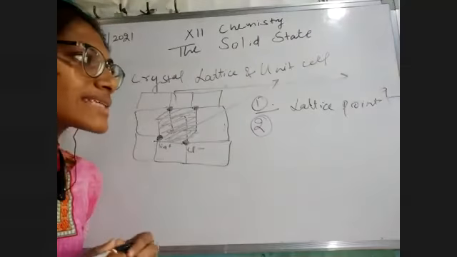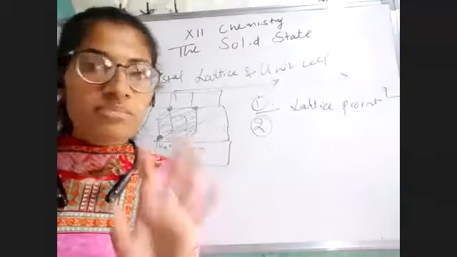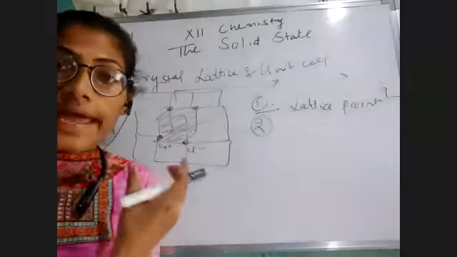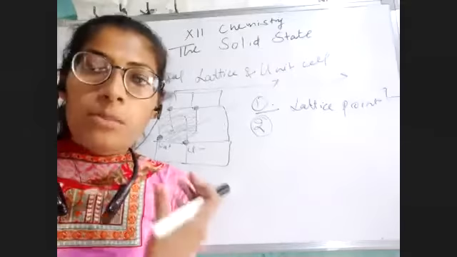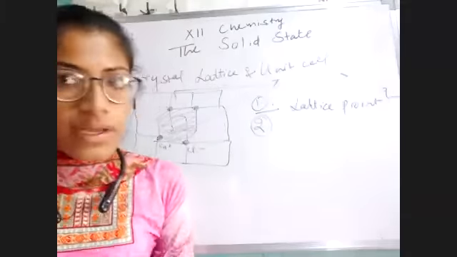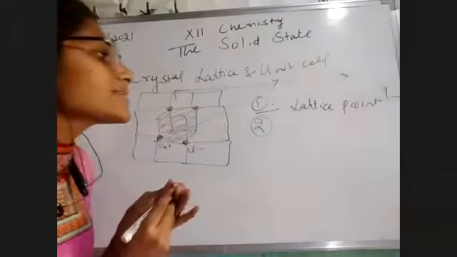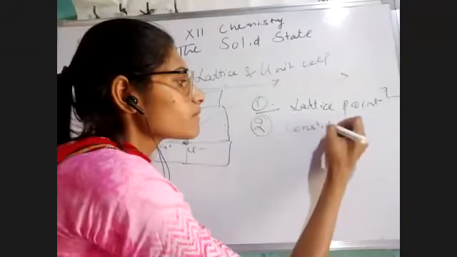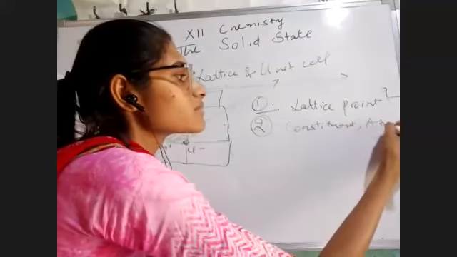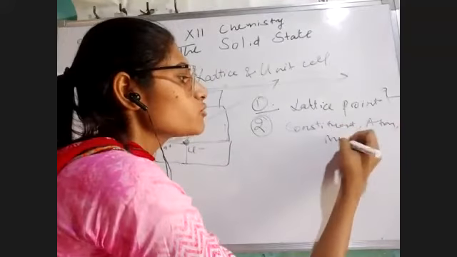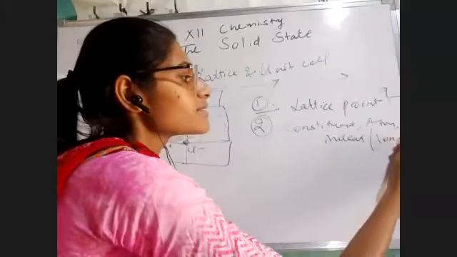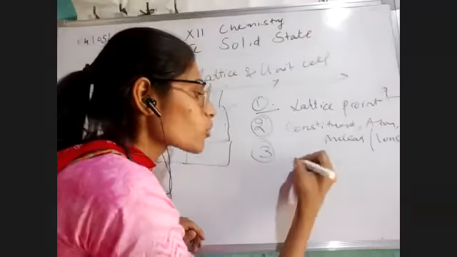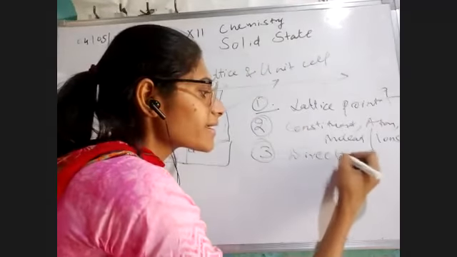From three dimensions it would be seen as a point, but these points are actually the atoms, molecules, or ions. These points are known as the constituent atoms, molecules, or ions.